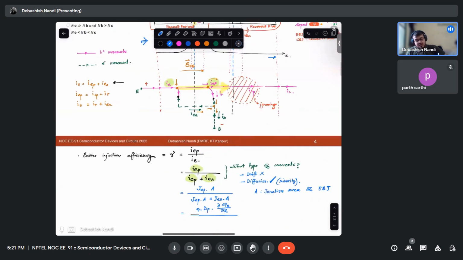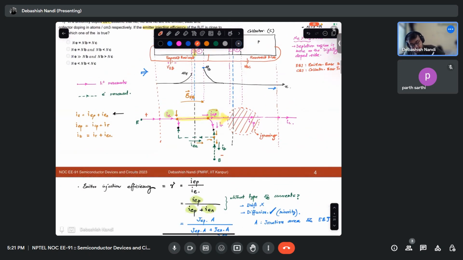Similarly, how will this diffuse? These carriers will diffuse in this way, so current will flow in this way. And these electrons will diffuse in this way, so current will flow in this way, right?